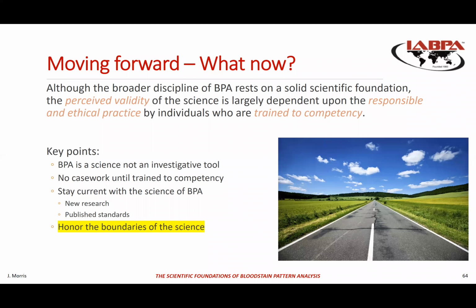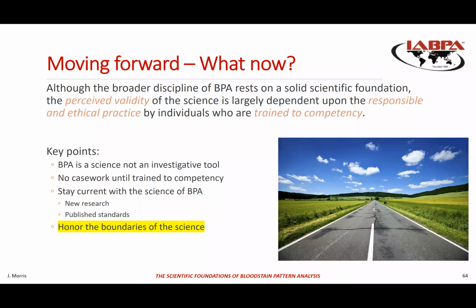If you are not trained to competency, please do not do casework. Please find a mentor, follow an established program, and take that time to do the training. If I wanted to perform polygraphs in the United States, it would take me 18 months of training to get into polygraphs.